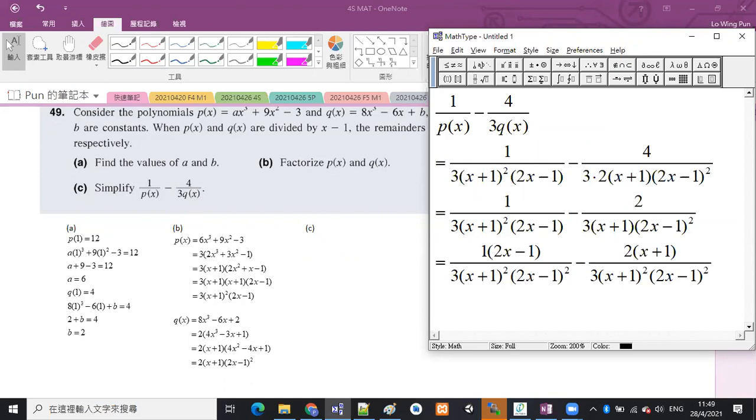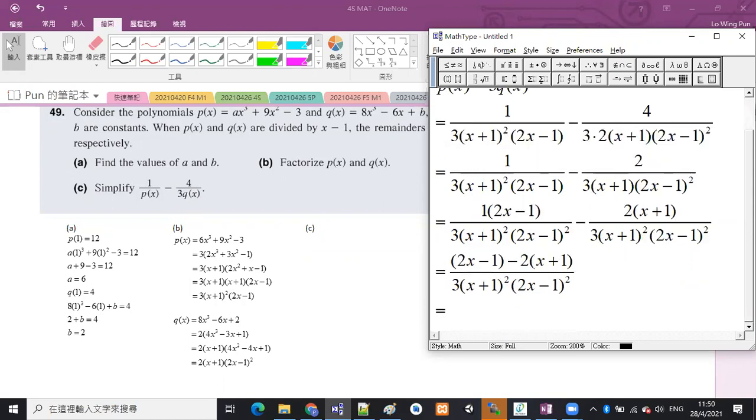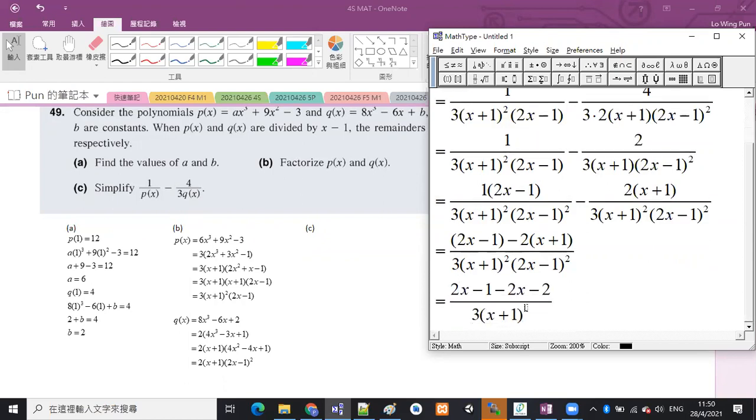Can you get this? Now they have the same denominator, so we can merge the two fractions together. So it is (2x minus 1) minus 2 times (x plus 1) over 3 times this. Then remove the bracket. It's 2x minus 1 minus 2x minus 2, over 3 times this.